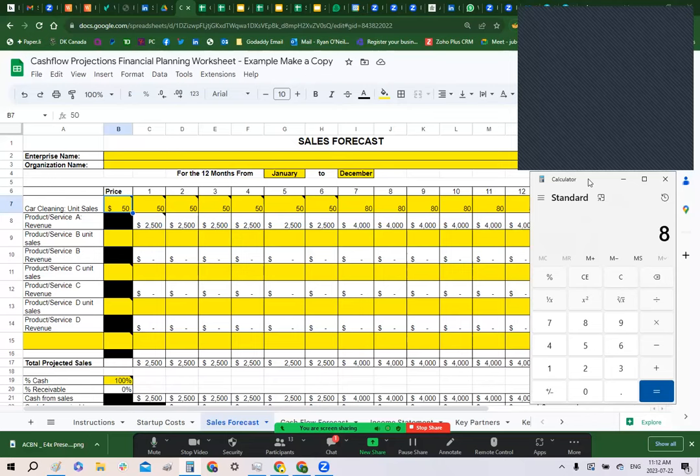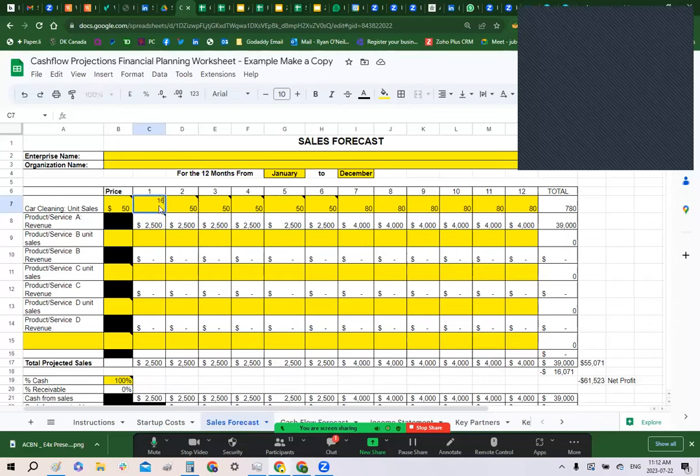Because if you take 8,000 divided by $50, I would have to sell or clean 160 cars. So when you put in 160, that gets our 8,000.